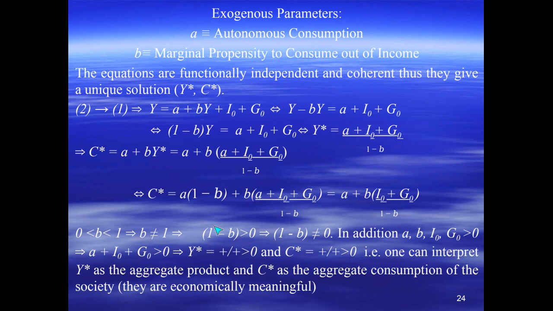What does it mean? As a nation, we work all year long and produce something. It can't be negative. It can't be zero either. We produce huge quantities of everything. And for C star, it is the same for consumption as well. It's a big positive quantity.